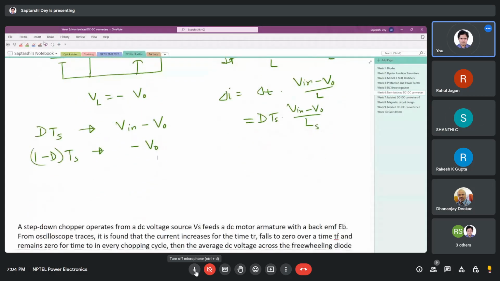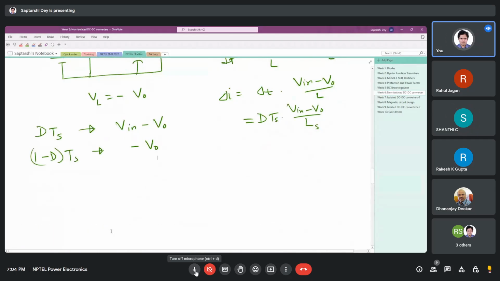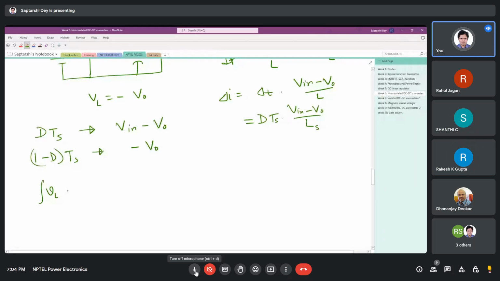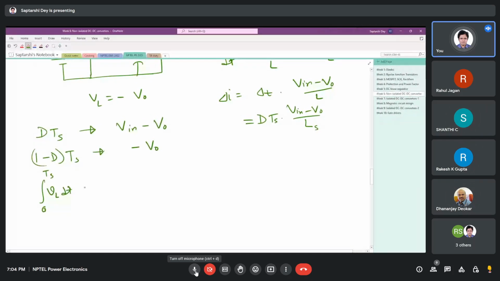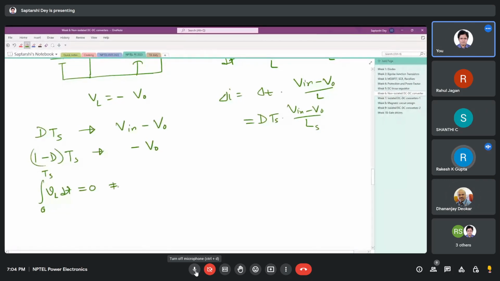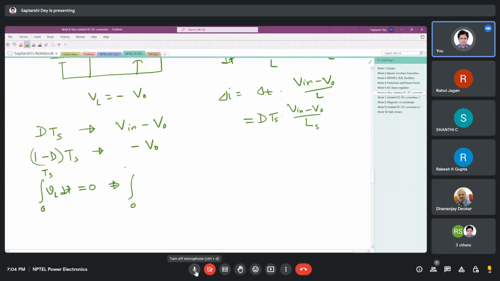And we studied that the average voltage across an inductor at steady state over a complete time period is 0.